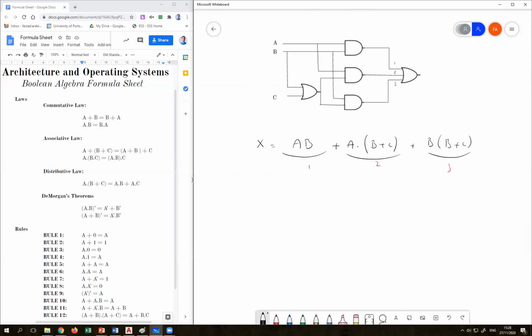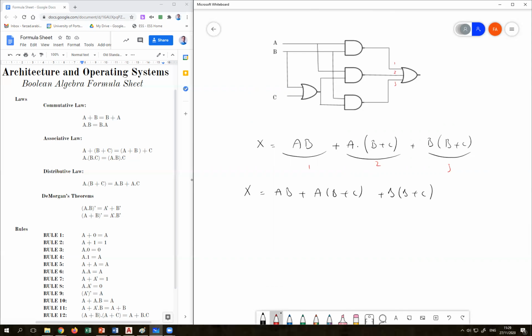Now I've got to use all of these rules to simplify it. X equals AB plus A(B plus C) plus B(B plus C).